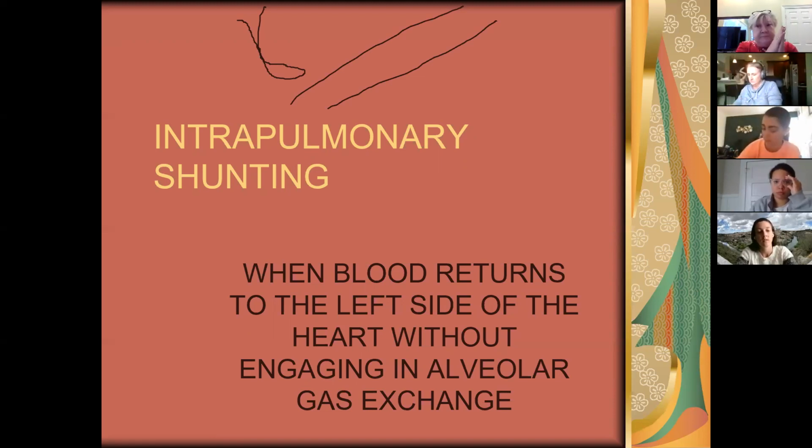So more than 10% are not having gas exchange take place at all. So with intrapulmonary shunting, blood is just going past alveoli with no gas exchange. They're not just not blowing up real good. There's no gas exchange taking place in a large number of alveoli. Okay. So that's what intrapulmonary shunting is.